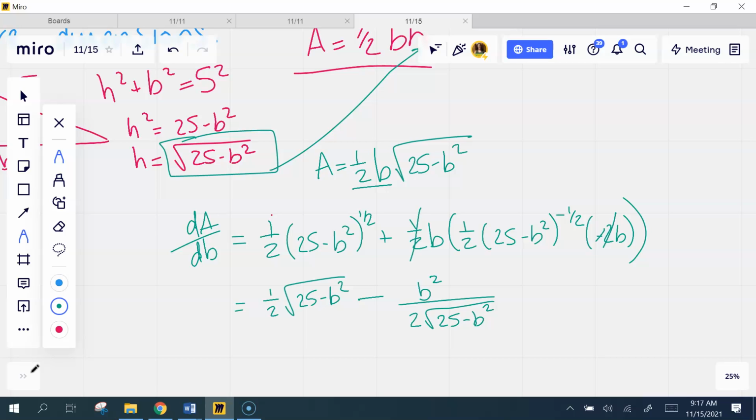Now remember, I want to find the zeros of this because I am optimizing area, yes? Yep. This b times this b gives me b squared. Now, whenever I end up with fractions like this, it is hard algebra. You're exactly right.